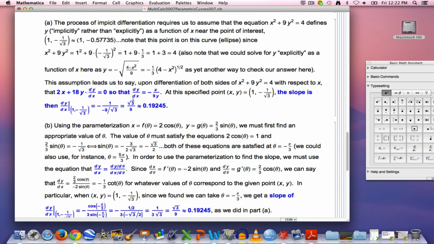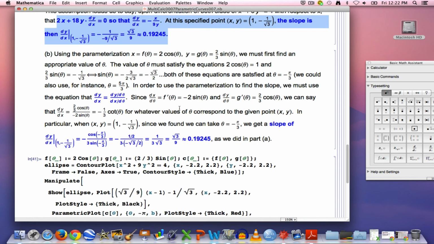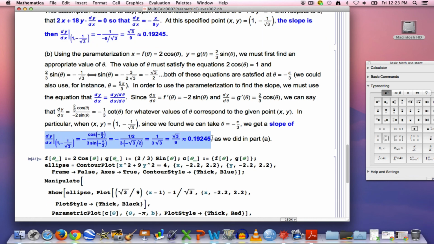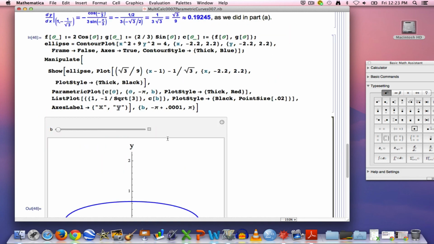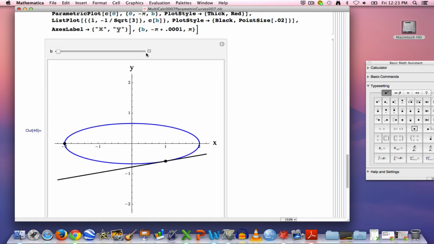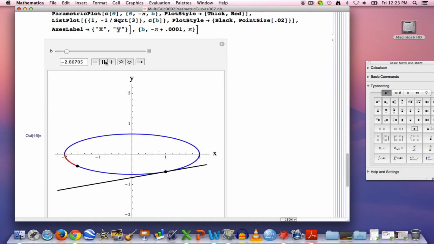Turns out the slope is square root of 3 over 9. If you do it with implicit differentiation, this is the method right here. If you do it with the parameterization, you get the exact same thing right here. I'm writing the dy/dx equation in terms of theta like that. And here's an animation showing you what's going on in this exercise that you should work on. That's the end of this video.